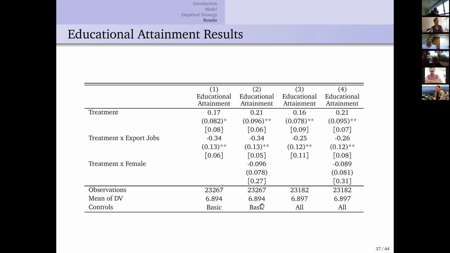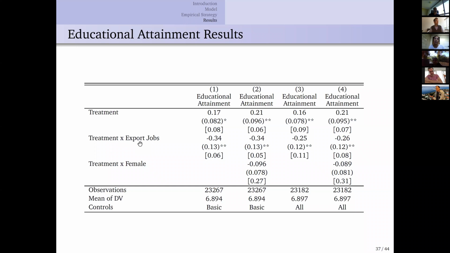So perhaps it would be a good idea to give the mean of the export jobs in the entire sample. Well, I can do that, but I just want to clarify: usually you tell people what the mean is so that they can multiply in their head times export jobs.